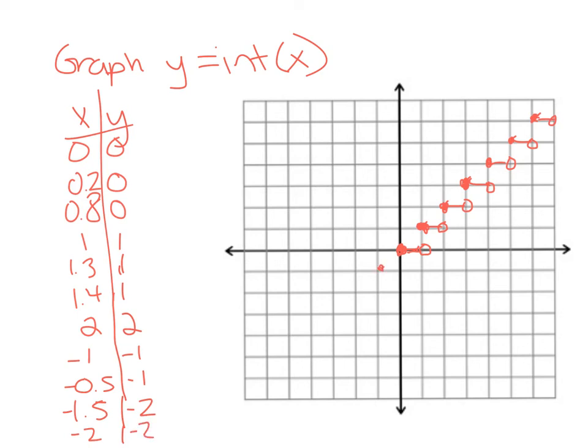I have a point at negative 1, negative 1, negative 0.5, negative 1, negative 1.5, negative 2, and a point at negative 2, negative 2. I have an open circle right here and a straight line there. The same thing happens here, and the entire pattern continues forever and ever in the negative direction also.